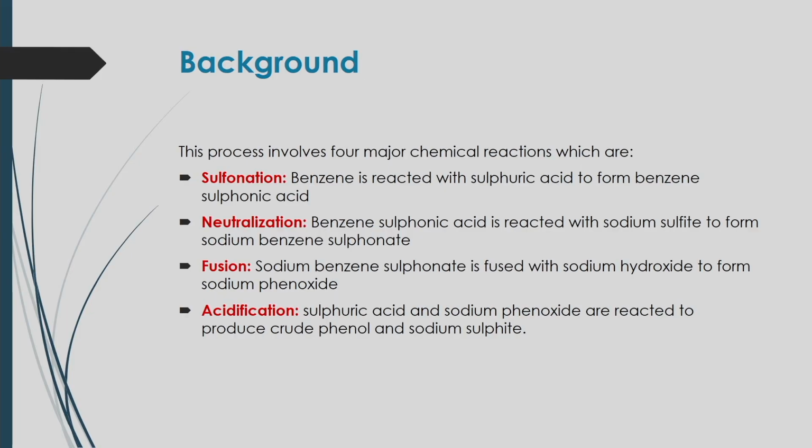Now, the process involves 4 major chemical reactions. Sulfonation, where benzene is reacted with sulfuric acid to form benzene sulfonic acid; neutralization, where benzene sulfonic acid is reacted with sodium sulphite to form sodium benzene sulfonate; in the fusion reaction, the sodium benzene sulfonate is fused with sodium hydroxide to form sodium phenoxide; and in the acidification reaction, sulfuric acid and sodium phenoxide are reacted to produce crude phenol and sodium sulphite, which is separated.